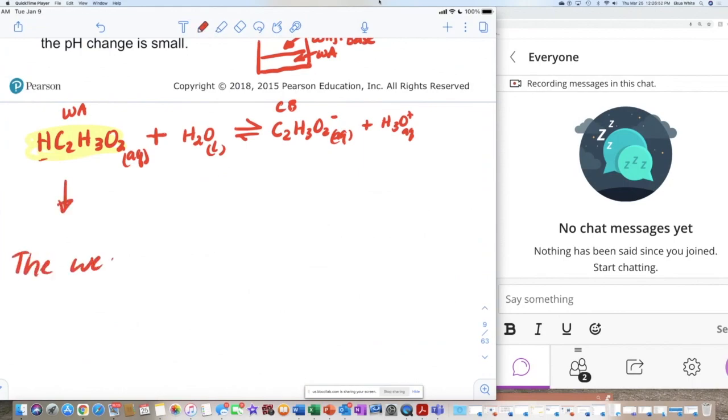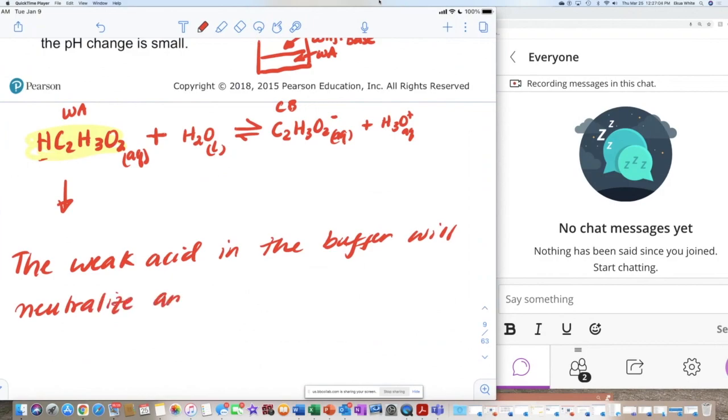The weak acid in the buffer will neutralize any added base, sorry, I had to look over it again. Any added base, right? So the acid will neutralize any added base.